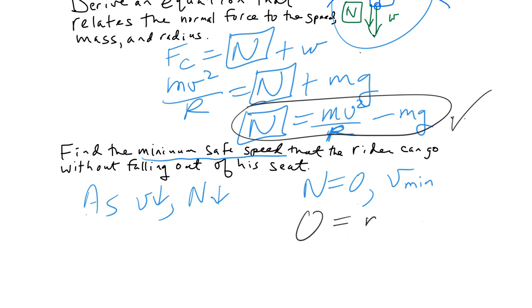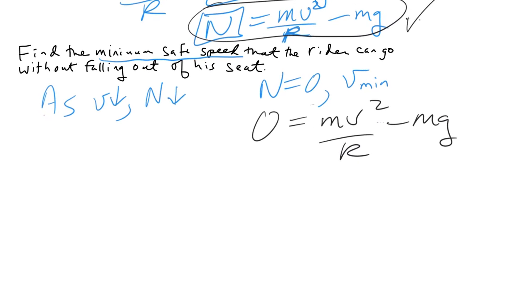0 equals mv squared over r minus mg. I'm just plugging into this equation right here, and there's 0 at the minimum safe speed.